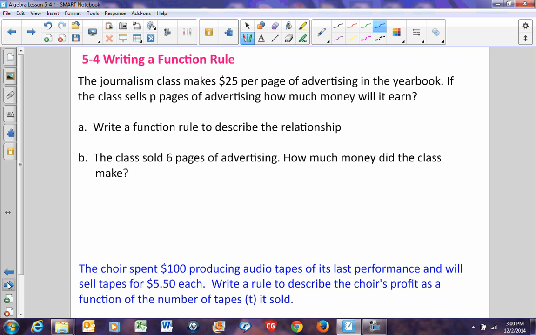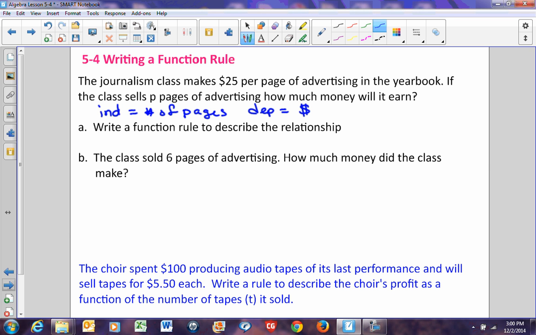Our independent variable is the number of pages, and our dependent variable is the money we make. It's always good to identify your independent and dependent variables, because it's much easier to write your function rules.